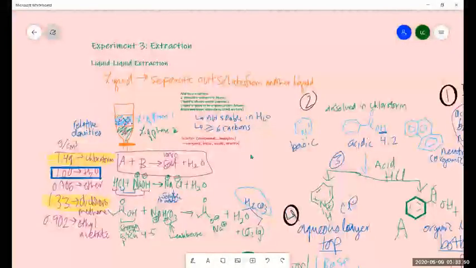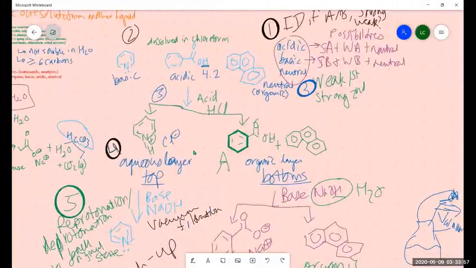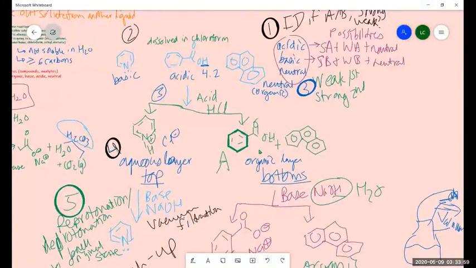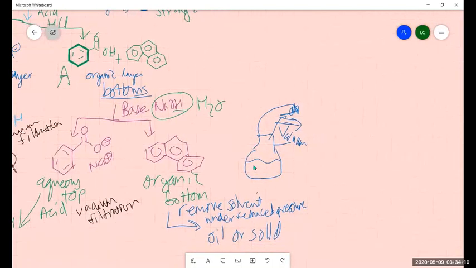Another thing I want to add, a few things. So here, removal of solvent under reduced pressure. Basically, what you're doing is reducing the boiling point. So when you make the pressure less, your boiling point goes down.